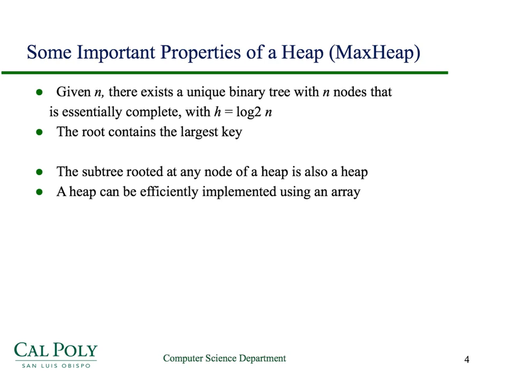You just basically fill it from top to bottom, and you go from left to right, and it will have height equal to log base 2 of n. The root will contain the largest key, and any subtree rooted at any node of the heap is also a heap. And finally, and this is what we'll talk about in a second, a heap can be very efficiently implemented using an array.